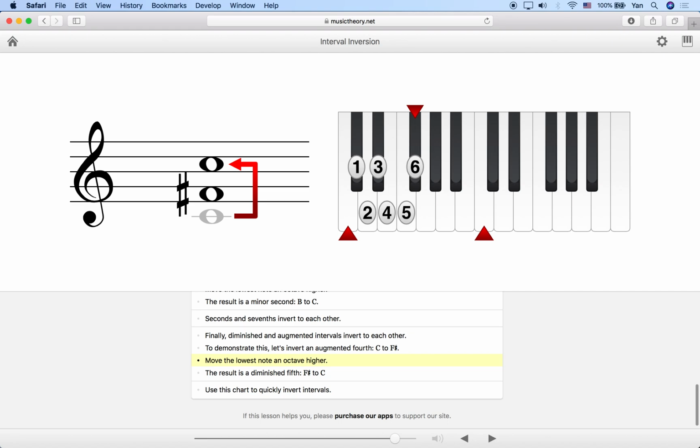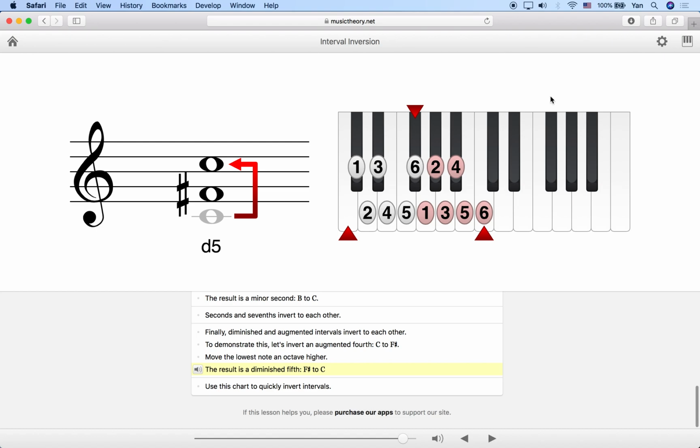Now, if we move that C up an octave, we're going to end up with F sharp, C natural. And that, as you can see, is also six half steps, but this is a diminished fifth and not an augmented fourth, even though it's the same number of half steps. That's because, remember, how we write it on the staff counts. The generic interval in this case is a fifth because we went from 1, 2, 3, 4, 5.